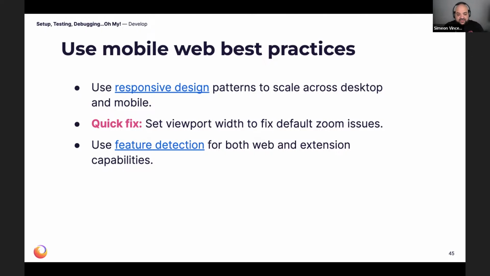Directly related to that, we recommend that you use feature detection in your extension for both web platform features and extension platform features. For example, let's say you normally have a window manager with an on-created event listener, and that's how your extension was designed to work on desktop.